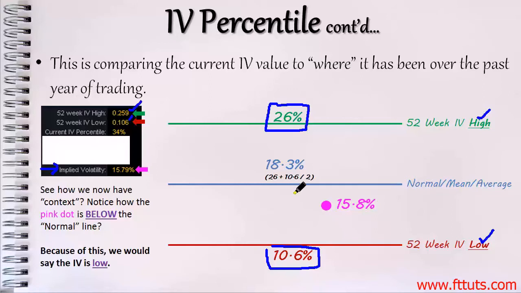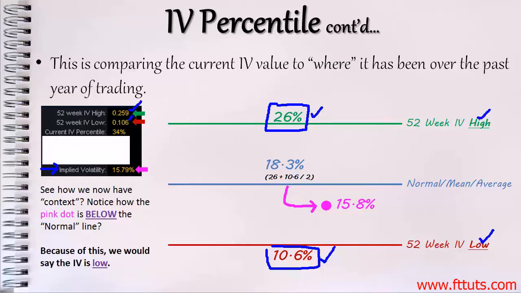The midpoint here, the average, is 18.3. Again, 26 plus 10.6 divided by 2 is 18.3. So now our implied volatility is 15.8%. So 15 is less than 18. That's going to put our value below what is normal. So it's below average. Therefore, we would consider implied volatility low.